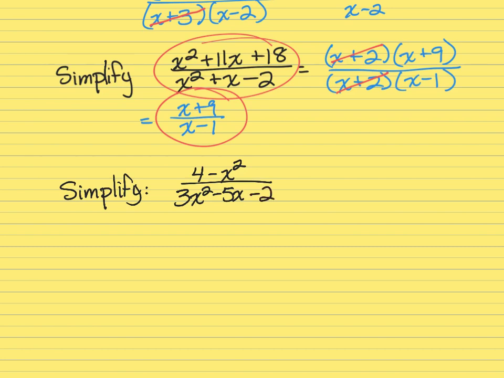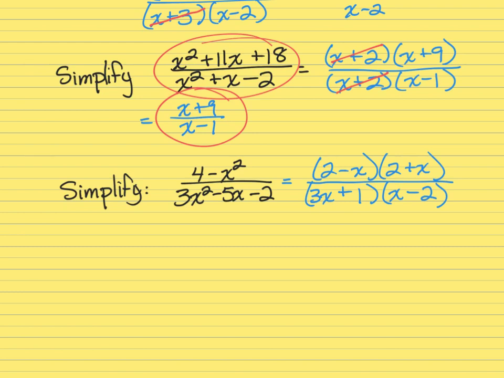All right, so let's start with the process of factoring. So 2 minus x and 2 plus x. And then on the bottom, you're going to have, well, it looks like a 3x and an x, right? And probably a minus 2 and a plus 1. Now, as we look at these things, we don't see anything that's exactly the same, okay?